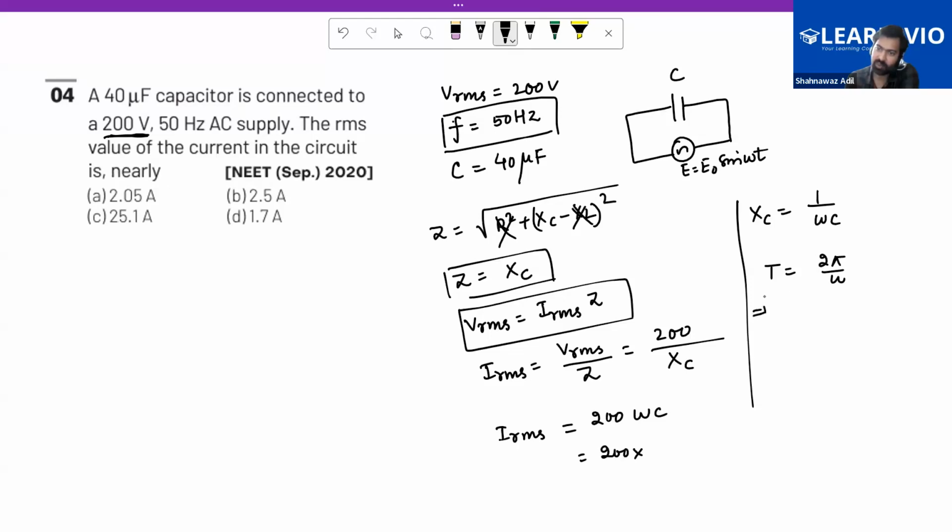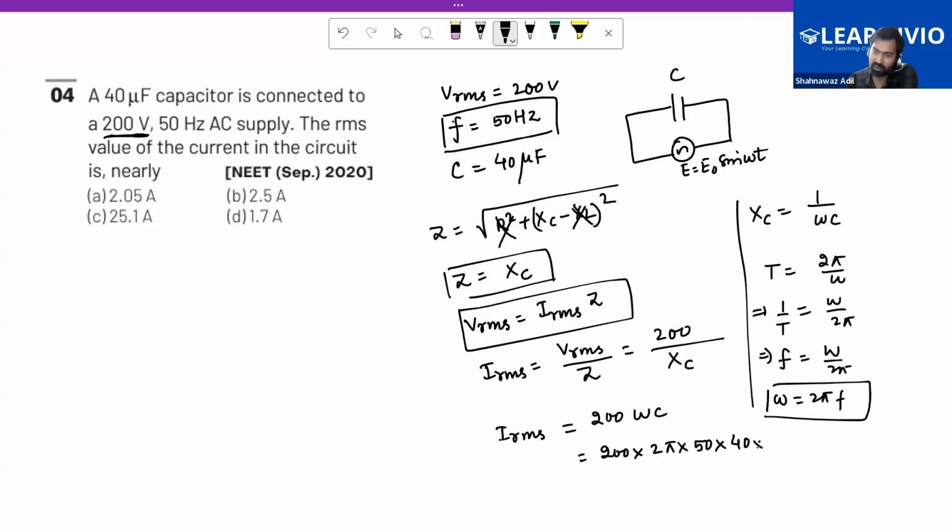And we reciprocate this thing, so 1 by T is omega by 2 pi. 1 by T is frequency. So omega is 2 pi and frequency, right? So frequency is given. So this is 2 pi and frequency is 50. Capacitance is how much? 40 microfarad, that is 10 to the power minus 6.